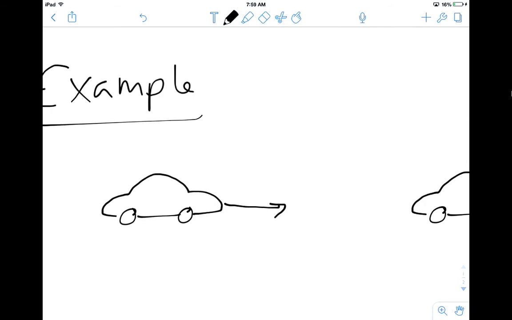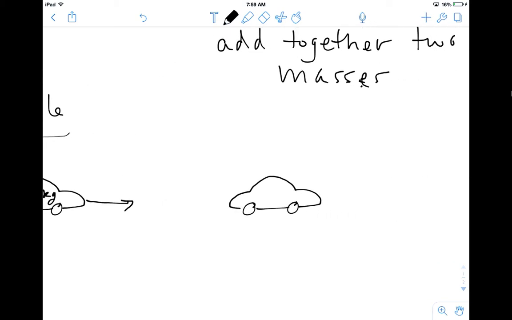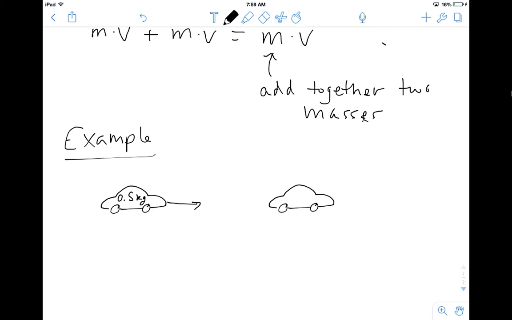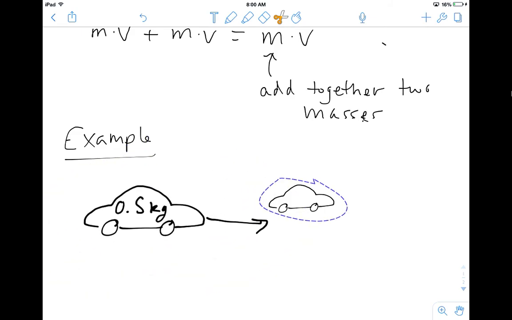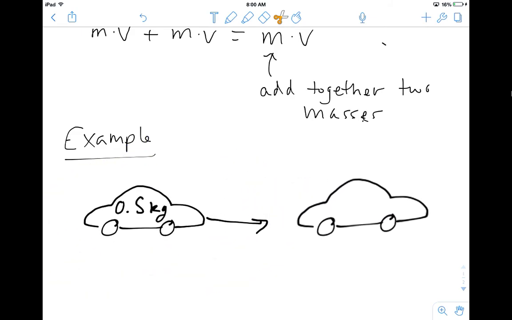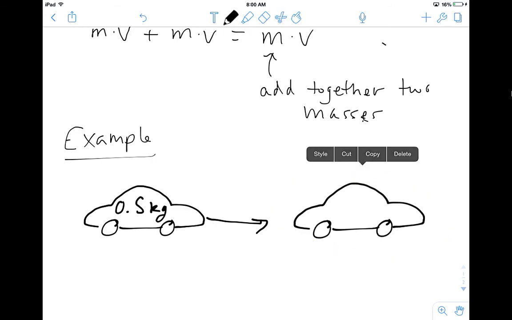So this toy car is 0.5 kilograms, and this is going to be 0.8 kilograms.